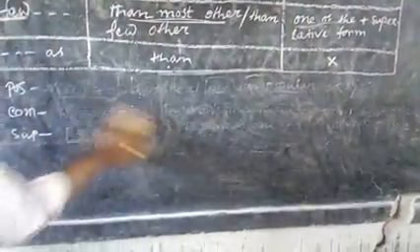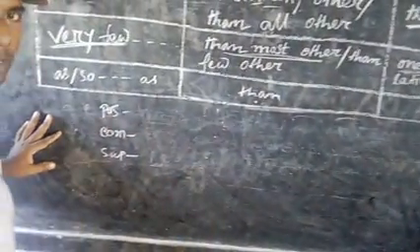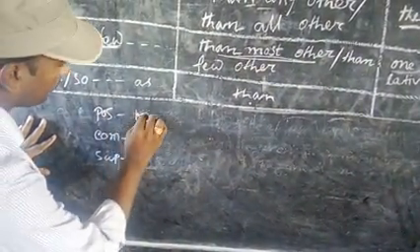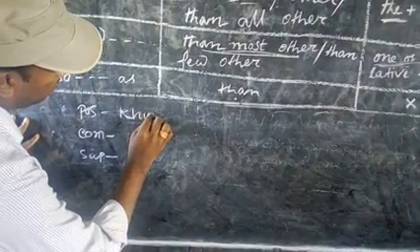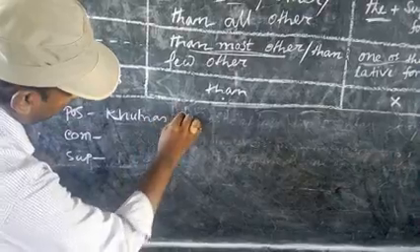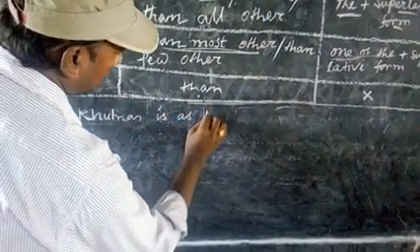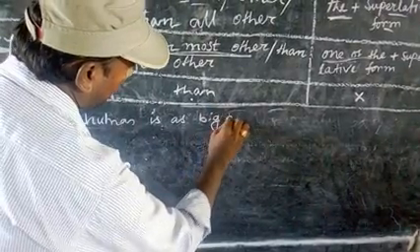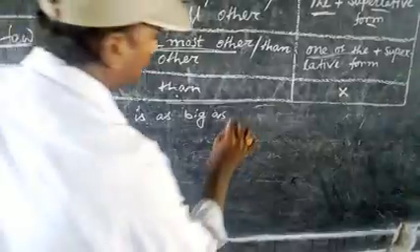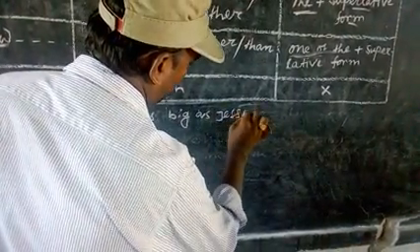At last, if the positive sentence begins with only as as or so as: Khulna is as big as Jashore.